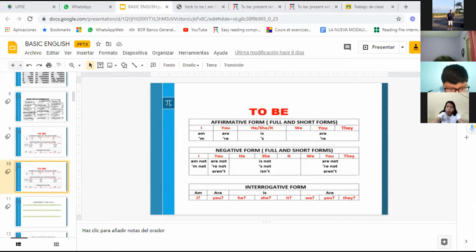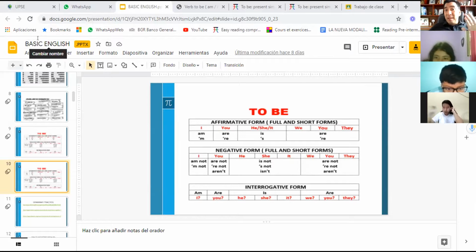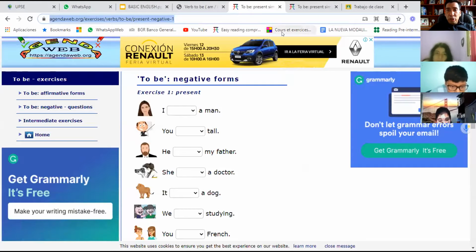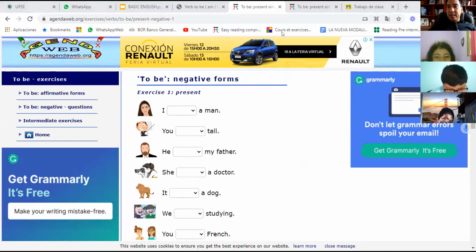All right, exactly the same way, guys. Let's practice now the conjugation of the verb be, but now in negative, right? Again, here in the chat, I am sending the link.